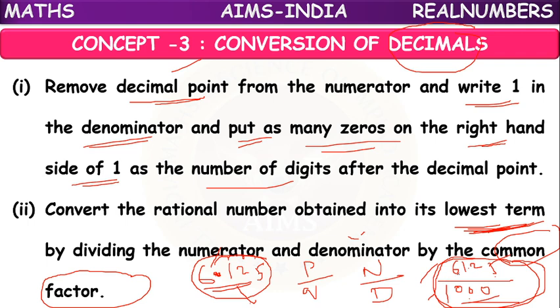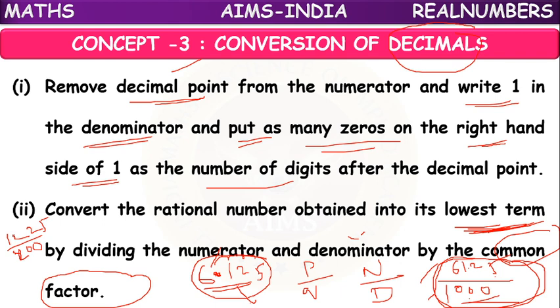They are divisible by 5. 6125 divided by 5 is 1225, and 1000 divided by 5 is 200.